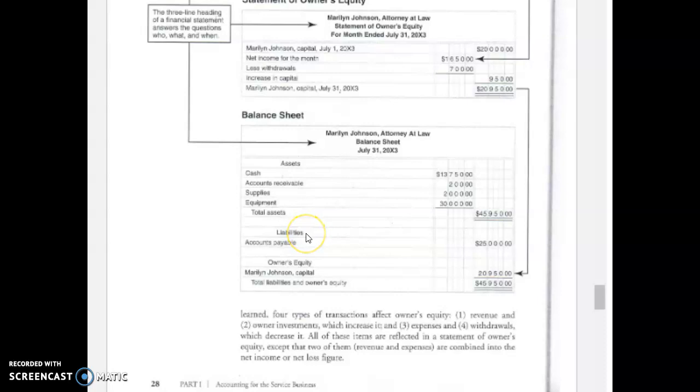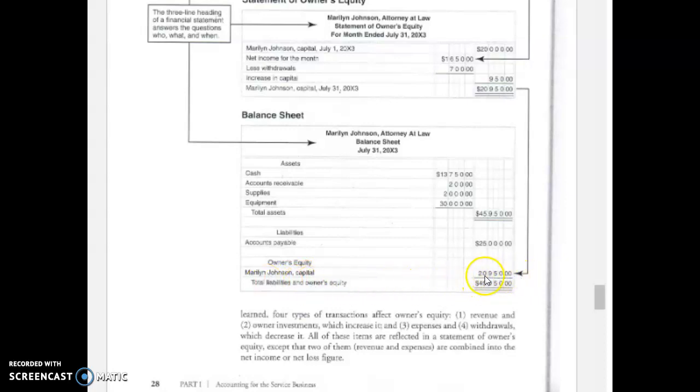You have liabilities, and remember that's the debt of the business. So accounts payable is the only debt that this business has. So you're going to list it over here, but you're not drawing a line yet. Then you list owner's equity, and then you list the name of the owner and capital, and list the owner's equity.